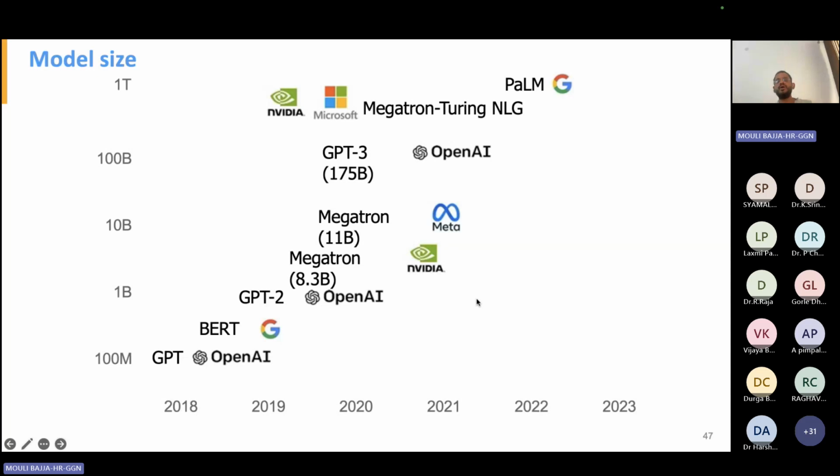In any case, then we had Megatron by NVIDIA, and Meta has built one. Then we had GPT-3, which was shockingly 175 billion weights. So very, very, very large. So today, a question that we ask passes through so many. Of course, there are also parent and child models.